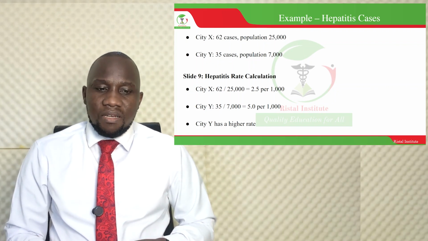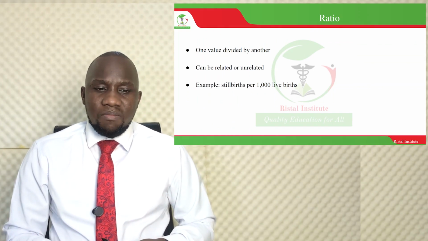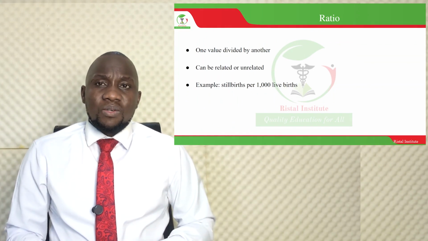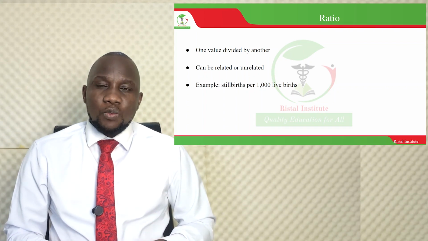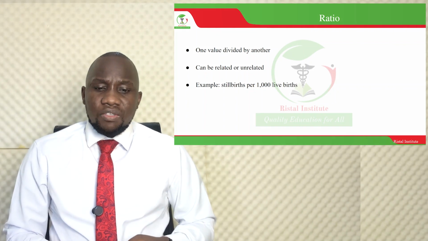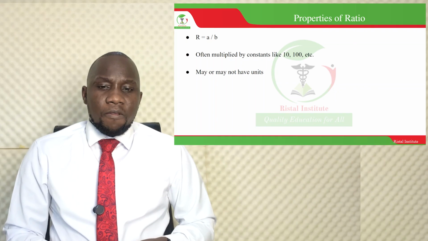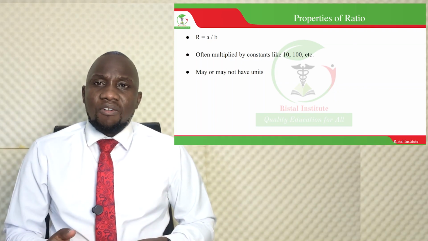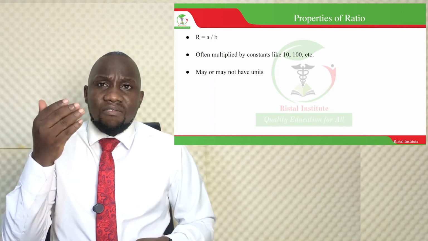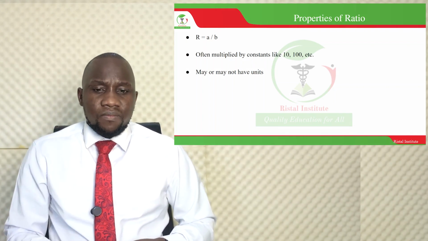Those are usually rates. And then ratios: one number divided by another, or one quantity divided by the other, or one value divided by the other. They can be related or not related. So a ratio is A over B. It doesn't matter, you can actually have B over A, as long as you're dividing something.